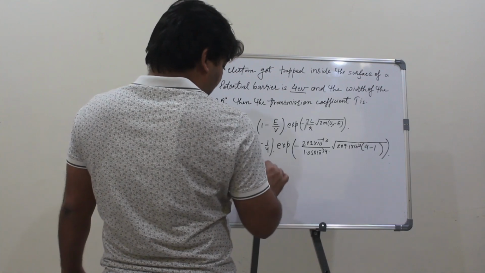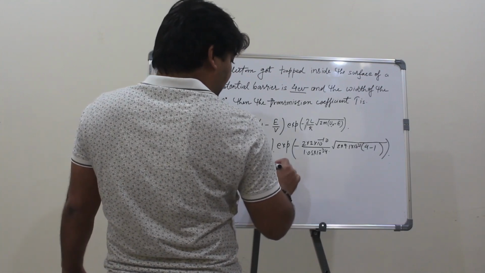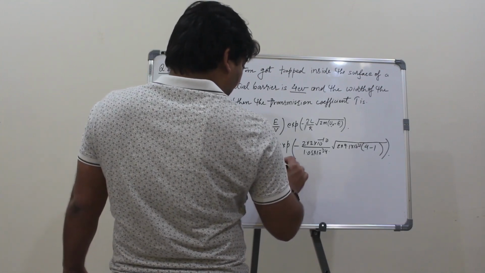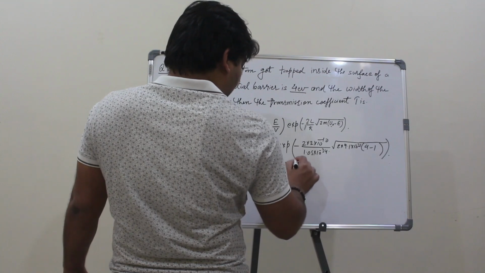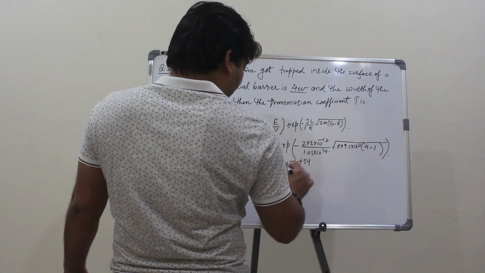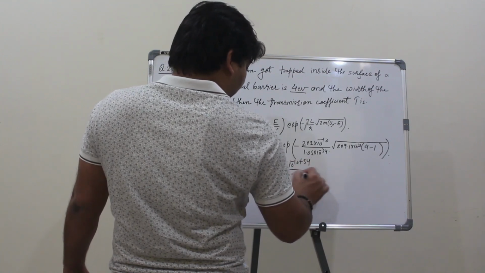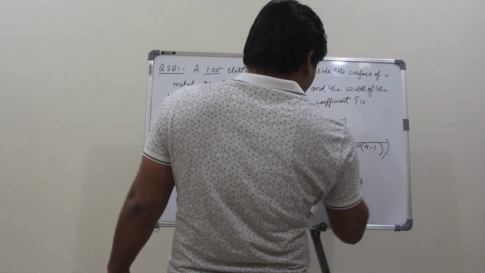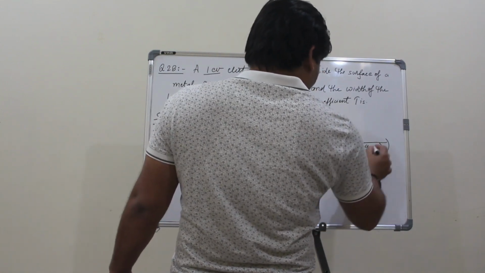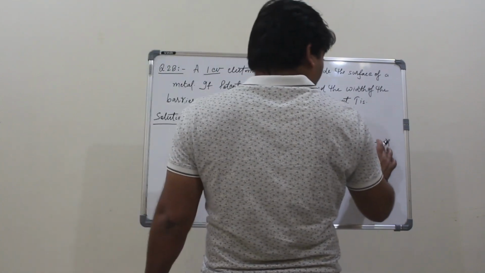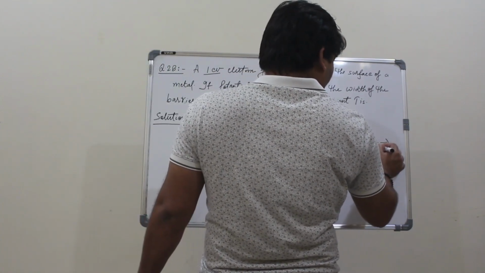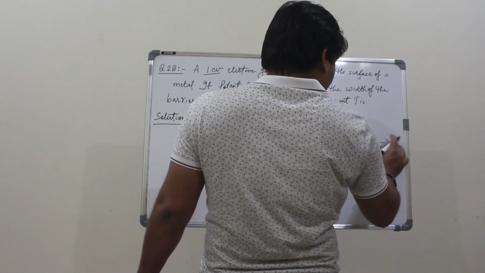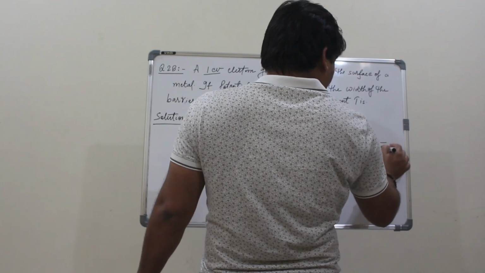So this is how much? 3 by 4, 3 by 16 multiplied by 16, cancelling out. The exponential gives you minus 4 into 10 to the power minus 10 plus 34 divided by 1.05, into root of 2 into 9.1 into 10 to the power minus 31 into 4 minus 1 electron volt into 1.6 into 10 to the power minus 19. Right?